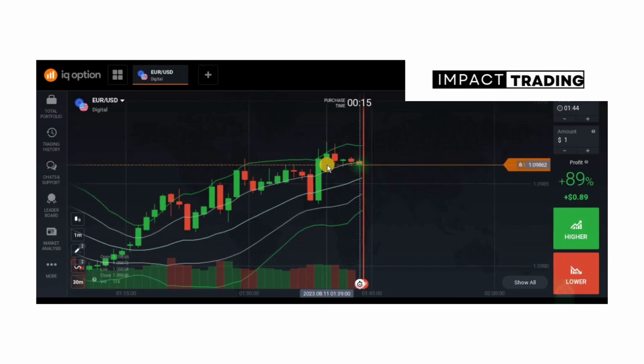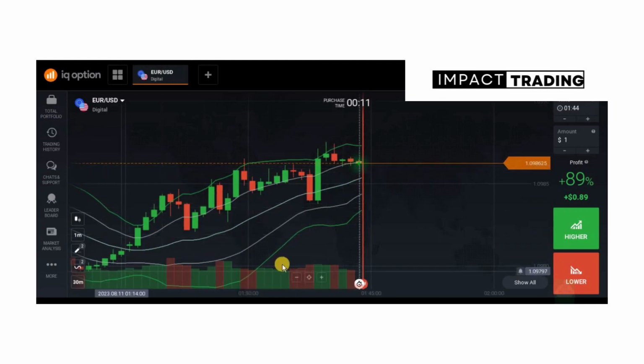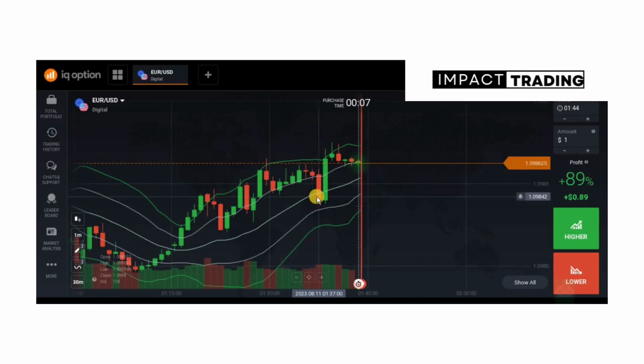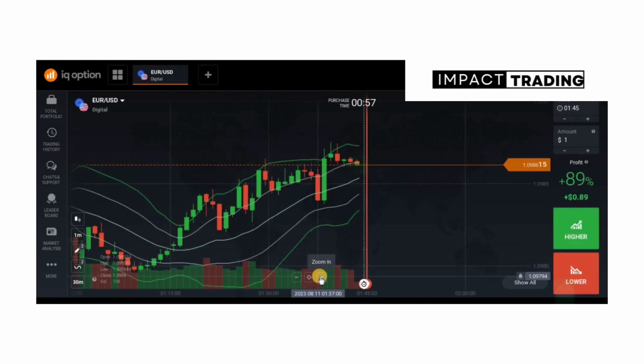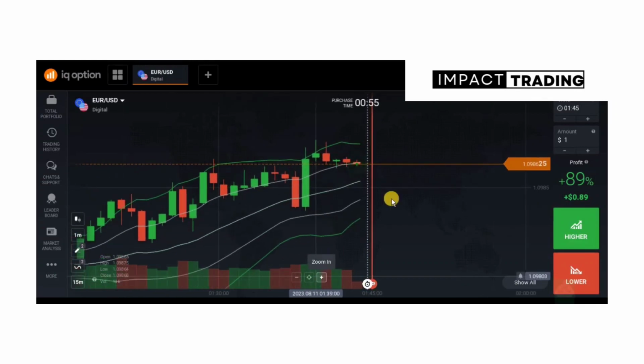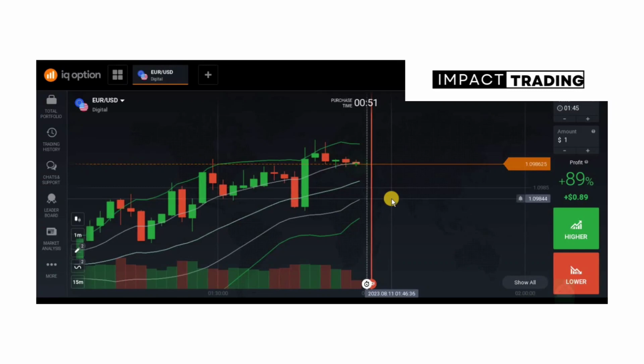Okay, you can see the market is moving in an uptrend, but the uptrend is losing momentum. You see, the uptrend is losing momentum, so wait for a clear direction now, and when we get a clear direction, we trade.